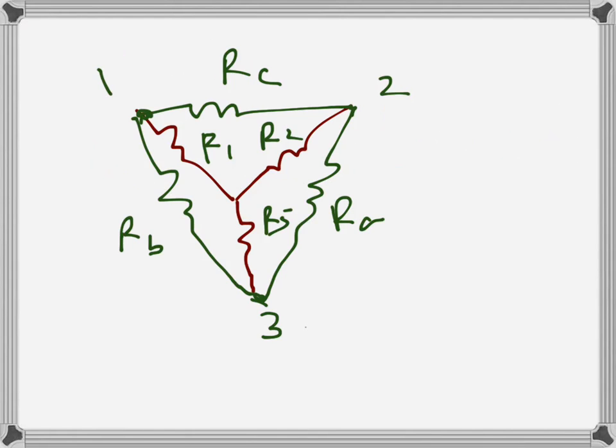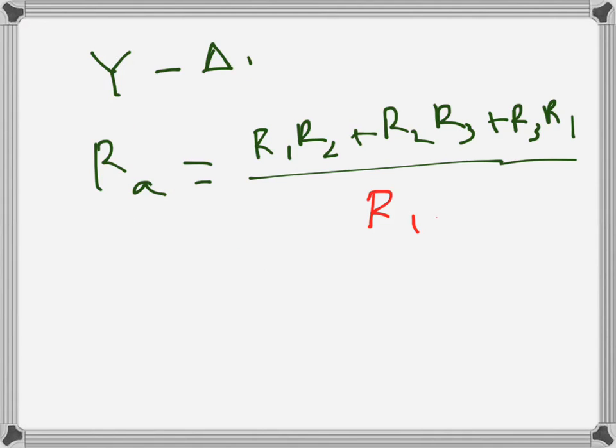And in the denominator, since we are talking about RA, we will see that RA is connected to node 2 and node 3. So what is the Y resistance that is not connected to either of these two nodes? R2 is connected to 2, so R2 is ruled out. R3 is connected to 3, so R3 is ruled out. What is not connected here is R1, so in the denominator will be R1.